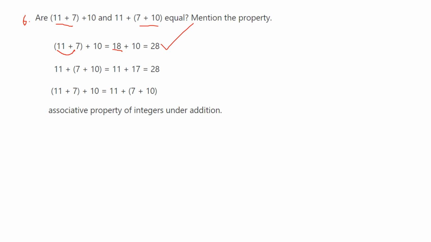Second one, 11 plus bracket of 7 plus 10: 7 plus 10 is 17, so 11 plus 17 is also 28. So we can say that (11 plus 7) plus 10 is equal to 11 plus (7 plus 10). So that is equal. Mention the property: associative property of integers under addition.